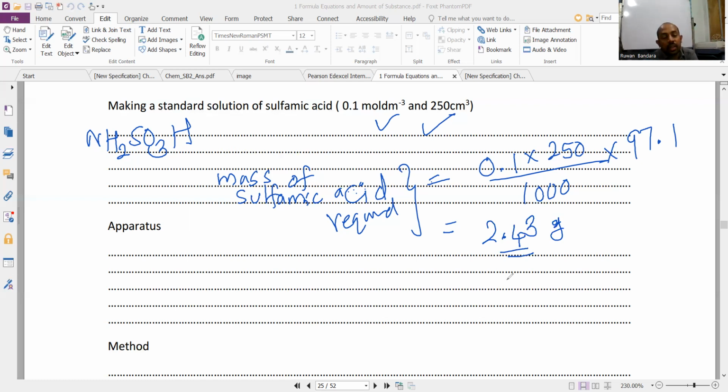So this is the required mass of sulfamic acid to prepare a 0.1 concentration and 250 cubic centimeter solution of sulfamic acid.